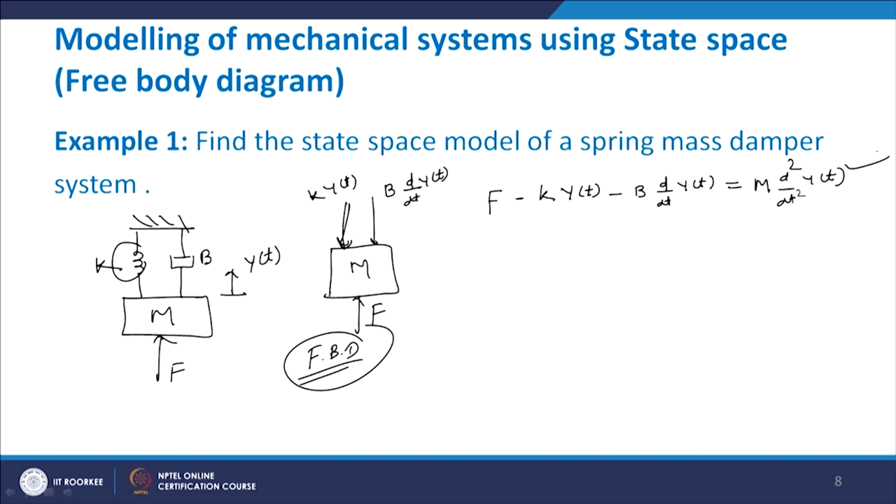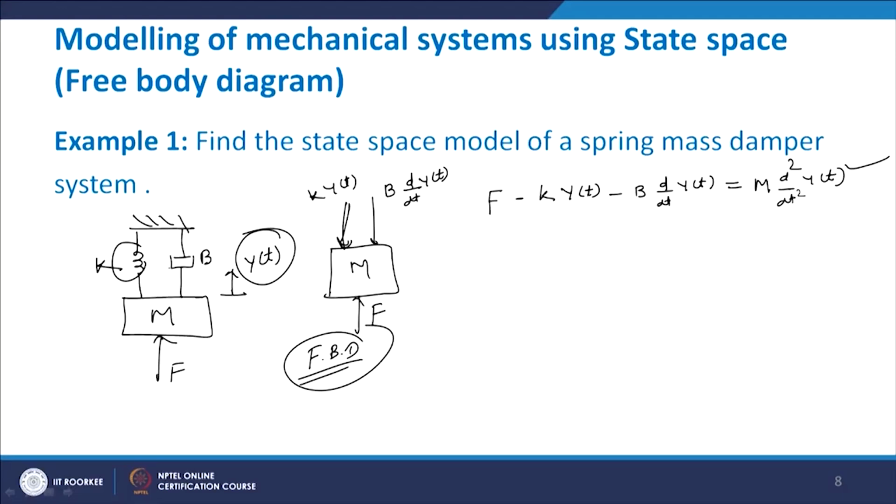Now, once we have got this equation, we have to determine its state space model. Now, we have to assume the states. So, how many states are there? States are based on the displacement. See, here there is only one displacement, that is y of t. So, we will take the first state as x1.